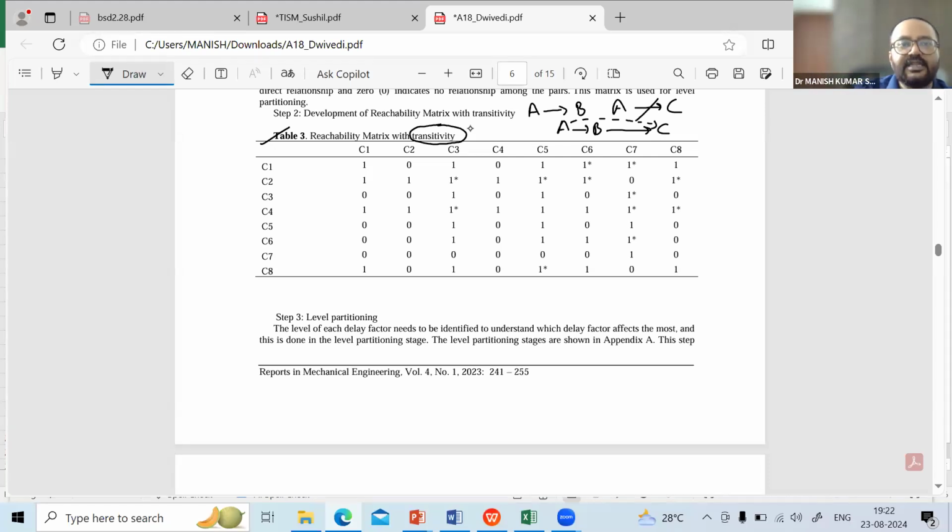This dotted line is known as a transitive relationship, and it is shown by one star.